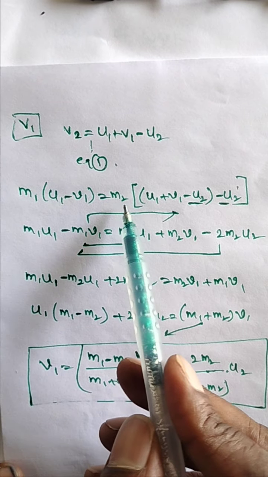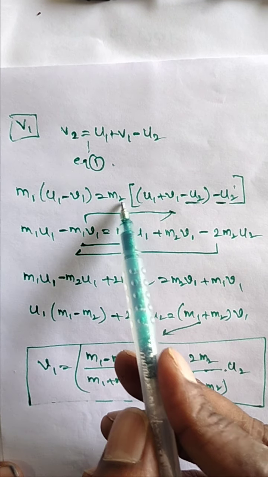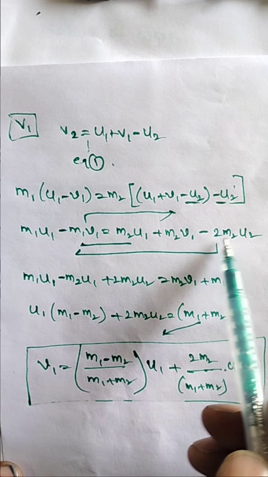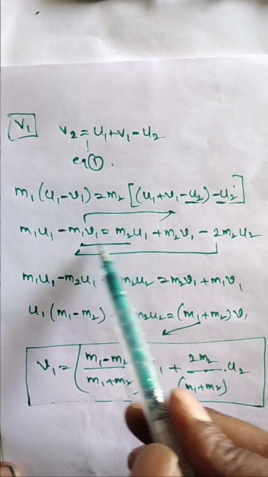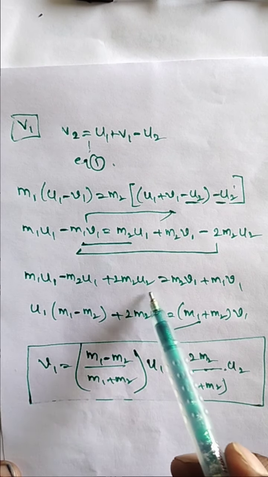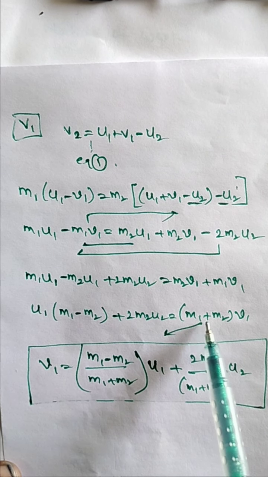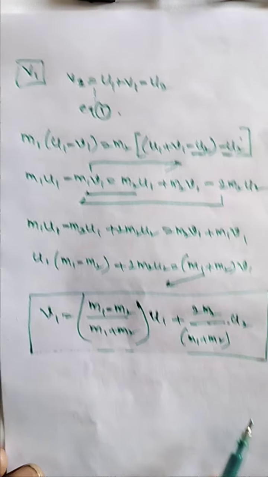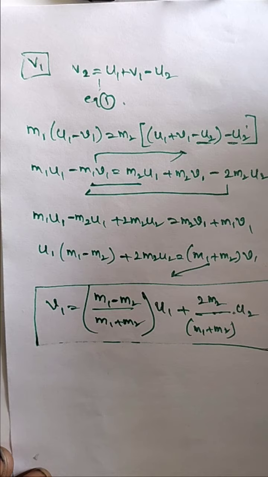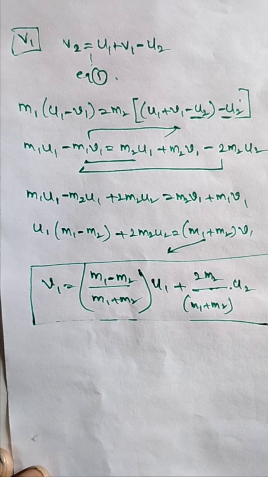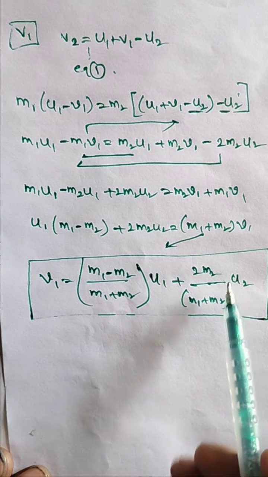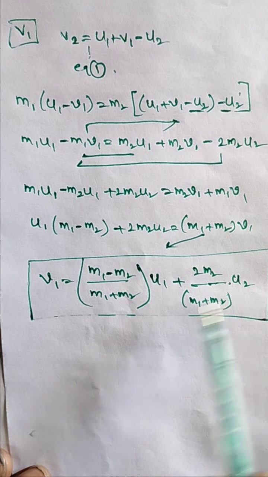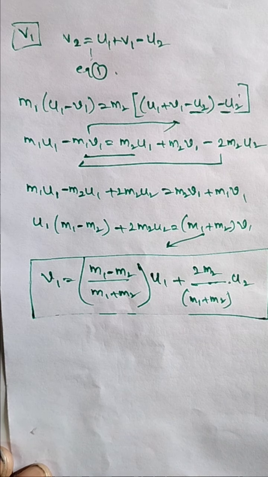This is just multiplying m2u1, m2v1 and minus u2, minus 2u2, just multiply these terms; two terms are going to here, one term is going to here. After that, dividing, this m1 plus m2 multiplies with v1, it is going to here, it is dividing. So finally we get v1 is equal to (m1 minus m2) by (m1 plus m2) u1 plus 2m2 by (m1 plus m2) u2. So this is how we find v1 and v2.